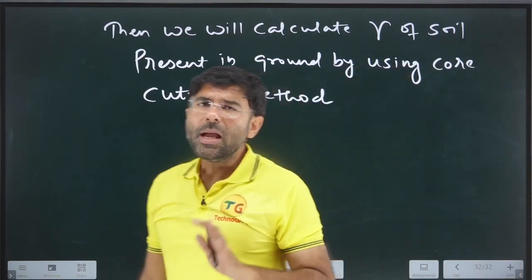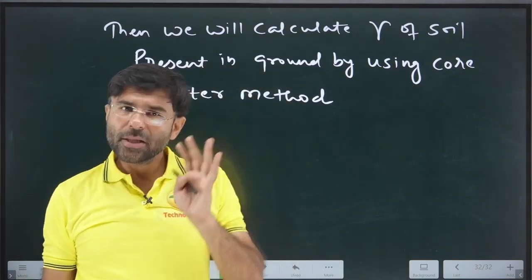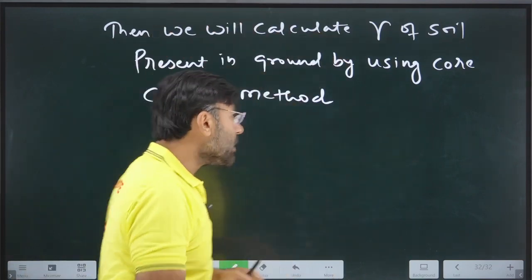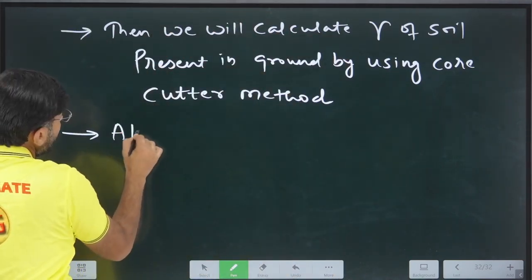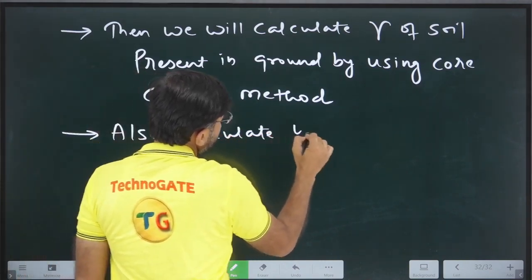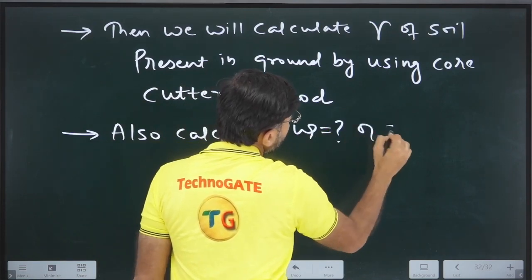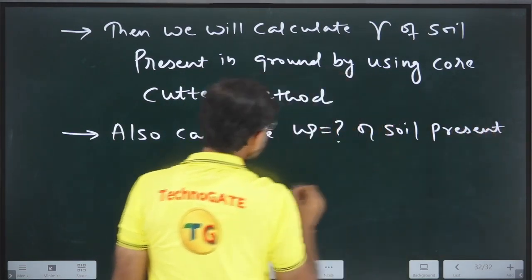So I'll perform the water content experiment also and will try to calculate the water content of the soil which was present in the ground. Also calculate water content of soil present in ground.